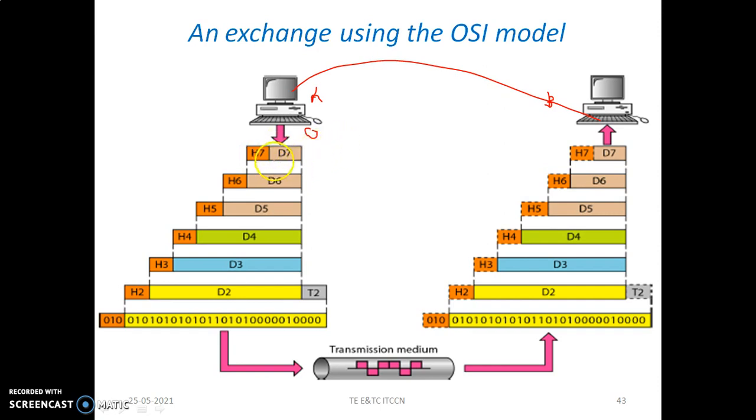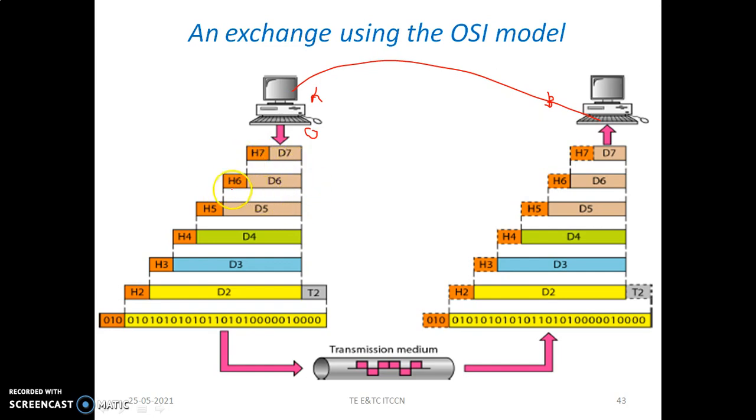Now this whole header along with the data, I will call a packet. That is the terminology used. This whole packet is traveling from layer 7 to layer 6. At this particular layer 6, what will happen? It will add its own header along with D6, which is acting as the package received from the 7th layer.